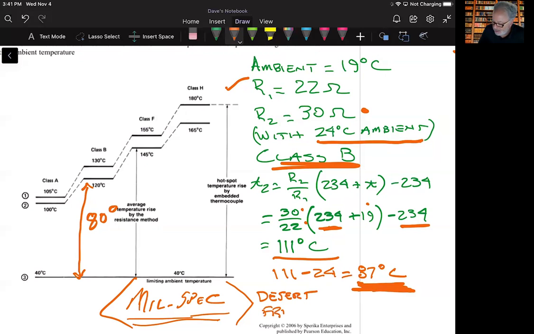So the specification standards are a part of it.